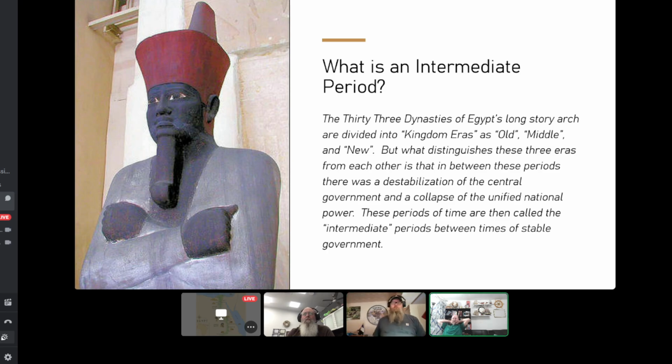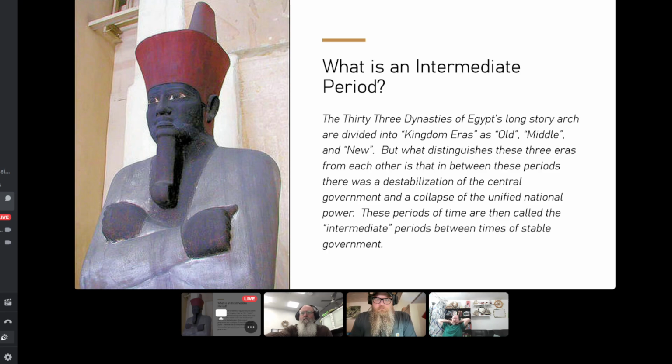So, really, five different kingdom eras: the Old, the Middle, and the New Kingdoms, the Ptolemaic period, and then the Greco Roman period. But over that time, 33 different distinct family lines or dynasties of kings in a united Egypt.